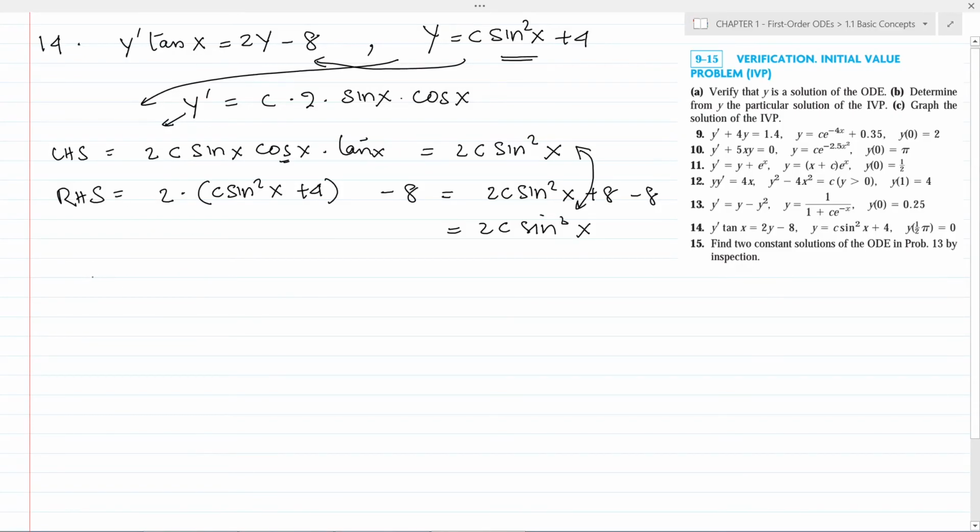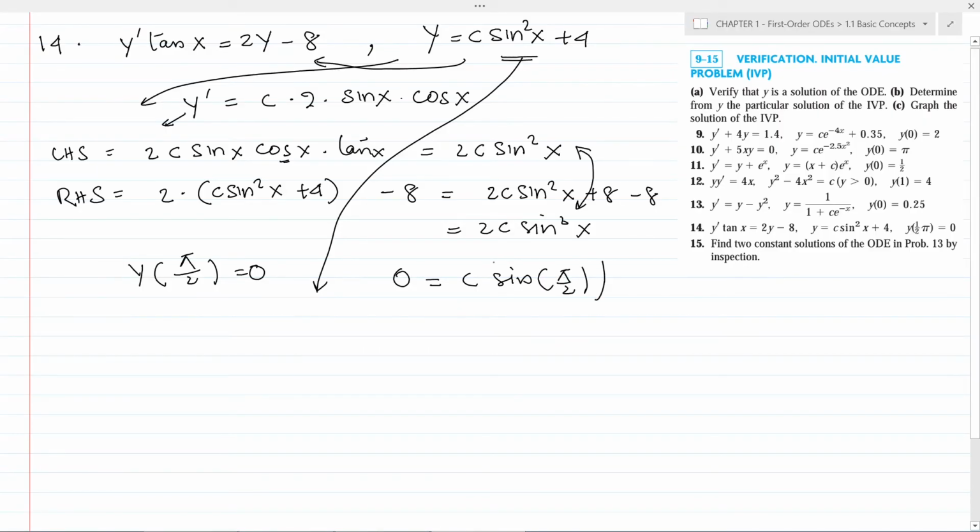The initial value given is y of pi by 2 equal to 0. So we put this in the general solution and we get 0 equal to c sin pi by 2 square plus 4, which is equal to, sin pi by 2 is 1, so this is c plus 4 and c equal to minus 4.